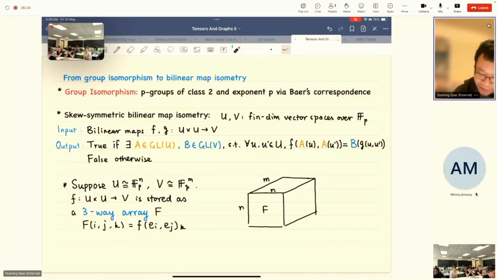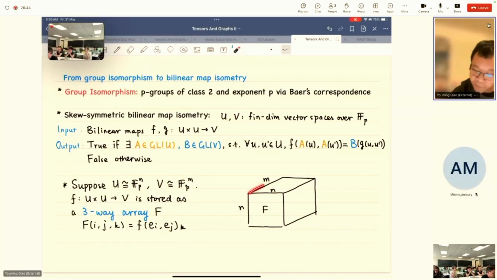Of course you know that if we fix bases for U and V, then we can store the bilinear map U cross U to V as a three-way array, of size n by n by m.